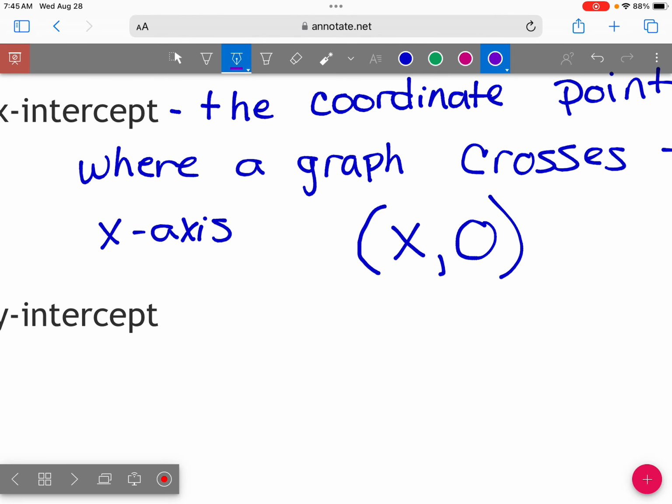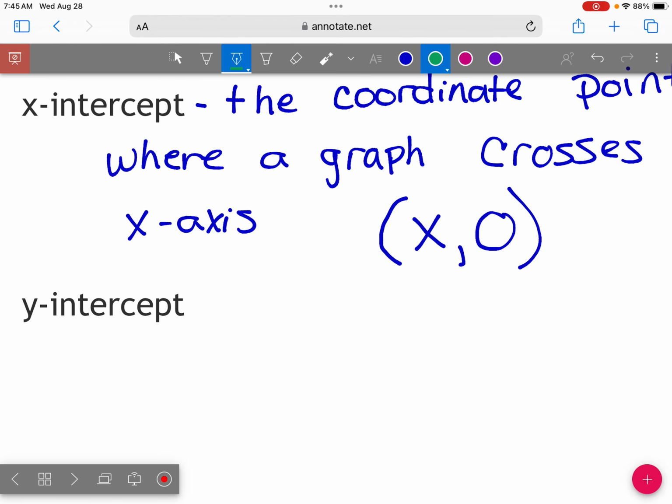Very, very similar for my y-intercept. Just every place where we say x, switch it for a y. It's the coordinate point where a graph crosses the y-axis. My ordered pair is a little bit different, but the definition is almost identical.